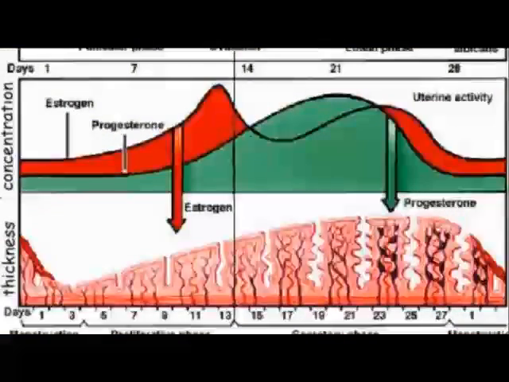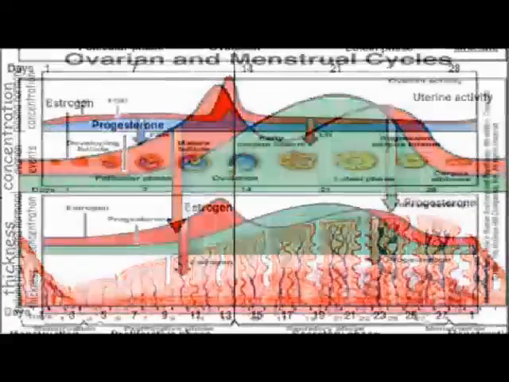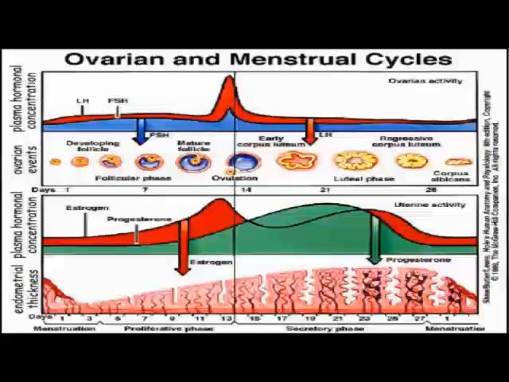Do you know? High estrogen levels initiate formation of a new layer of endometrium in the uterus. Estrogen levels are highest right before the luteinizing hormone surge begins. Under the influence of the pre-ovulatory LH surge, the first meiotic division of the oocyte is completed.